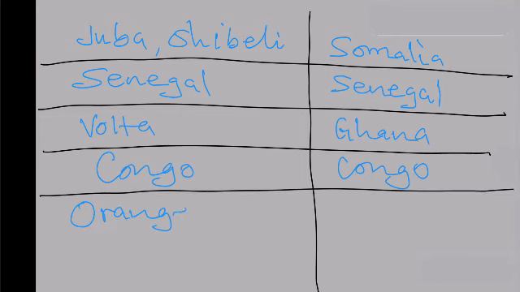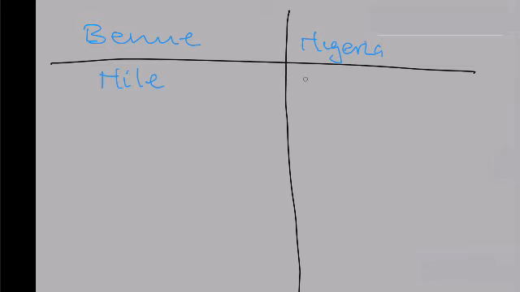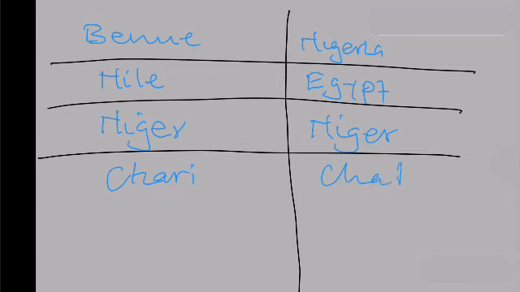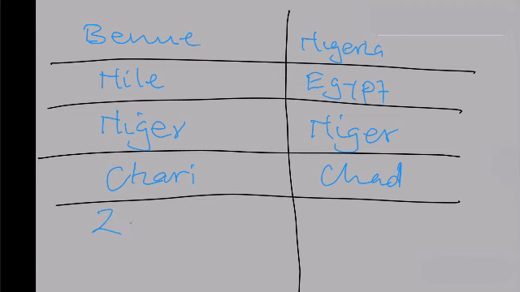In South Africa, we have two major rivers, Orange River, which drains into the Atlantic Ocean, and Limpopo River, which drains into the Indian Ocean. Then we have in Nigeria, River Benue, which is a major tributary of River Niger. In Egypt, we have River Nile. And in Niger, we have River Niger. In Chad, there is River Chari. And finally, in Zambia, we have River Zambezi.